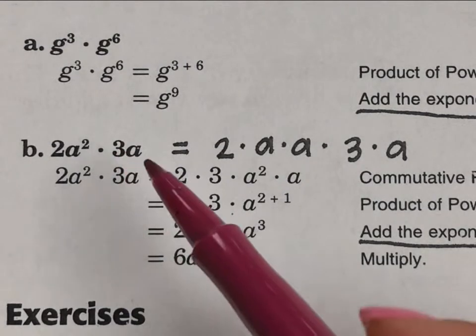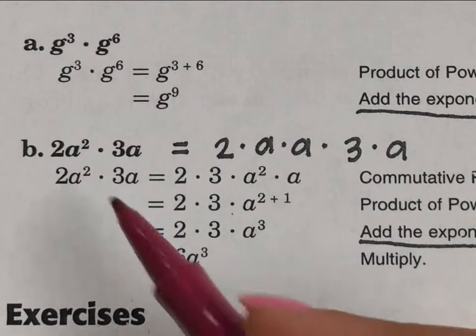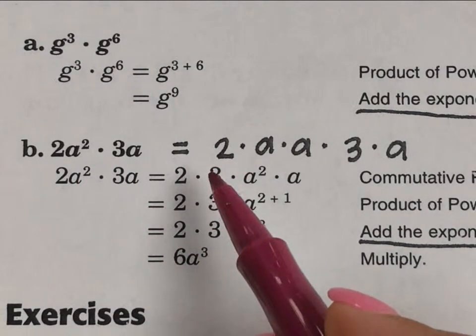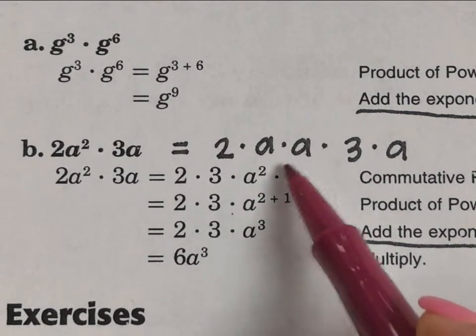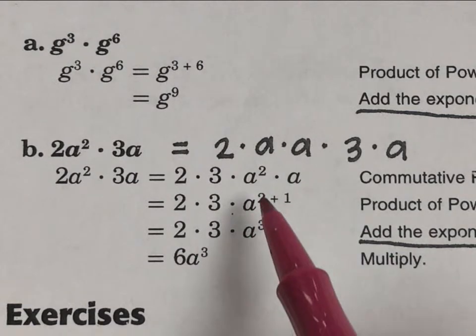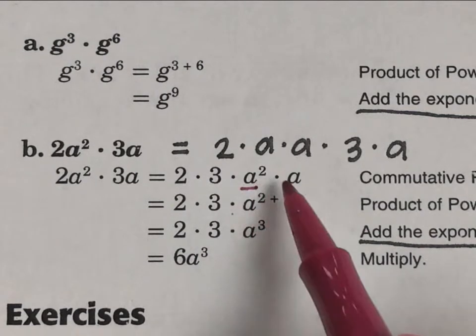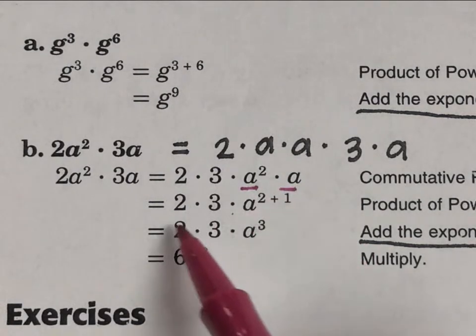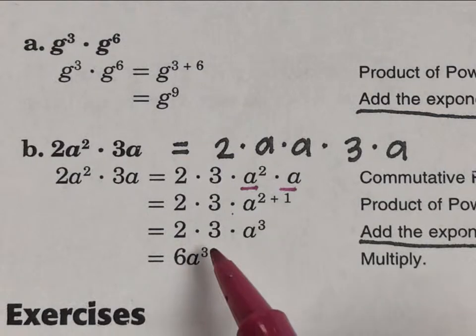So I want to multiply those coefficients. So I can do 2 times 3, and then I can't forget about those a's. I still have a squared times a, do I have the same base here? Yes, so that means I can add those exponents. So when I simplify all that, I should get 6a cubed.